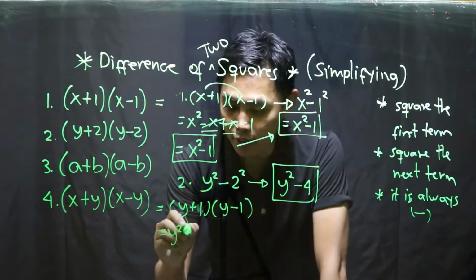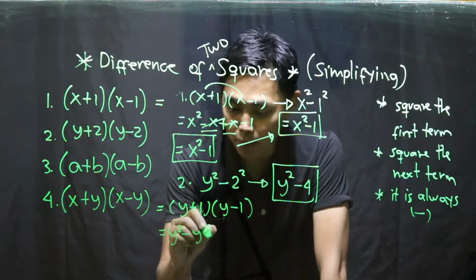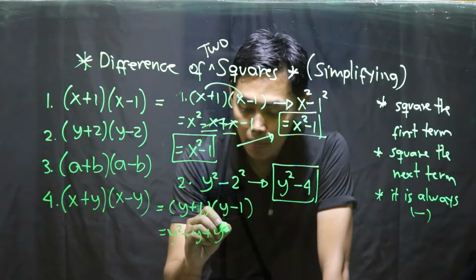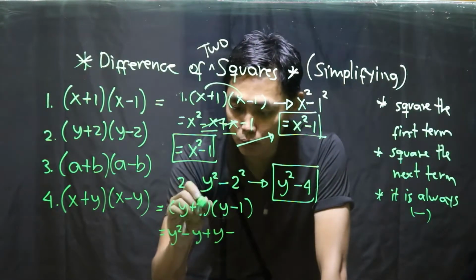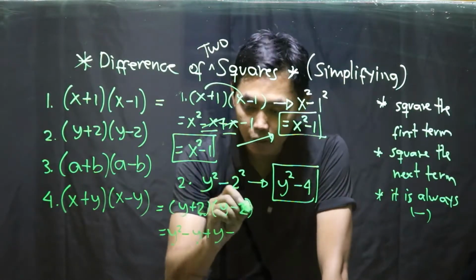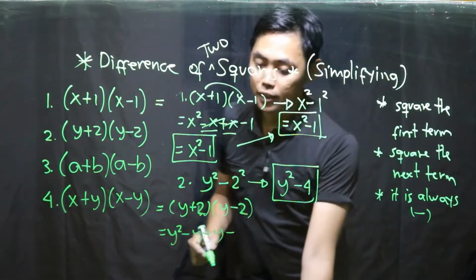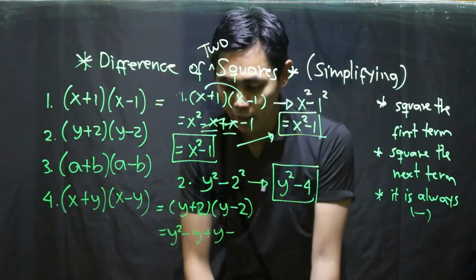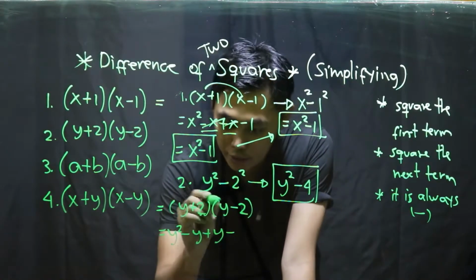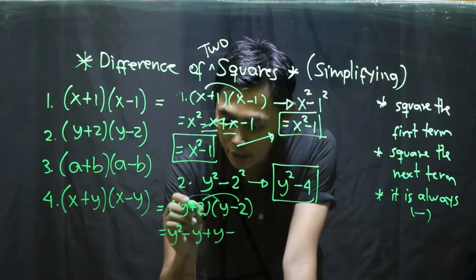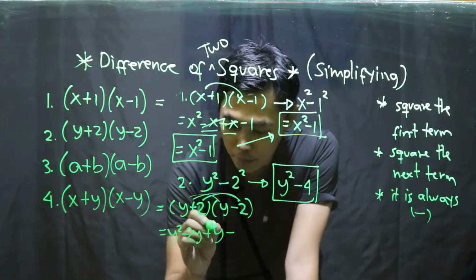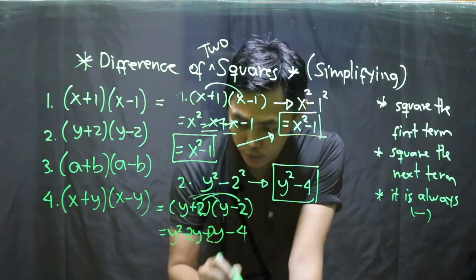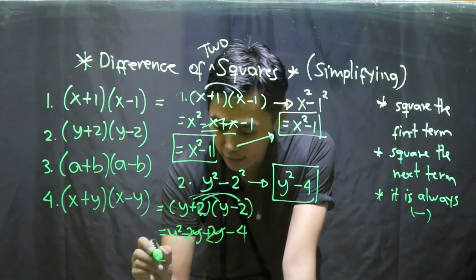We have y squared, then negative 2y, positive 2y, then negative 4. The middle terms cancel.